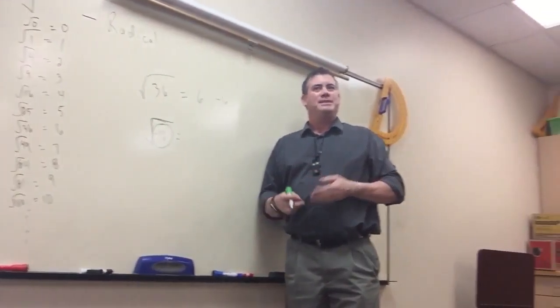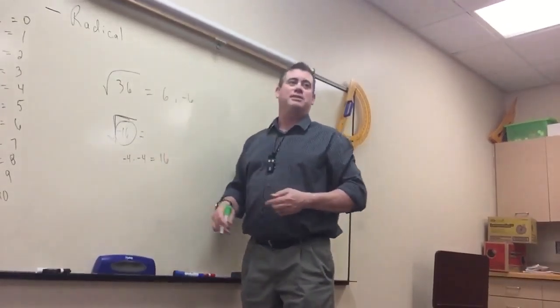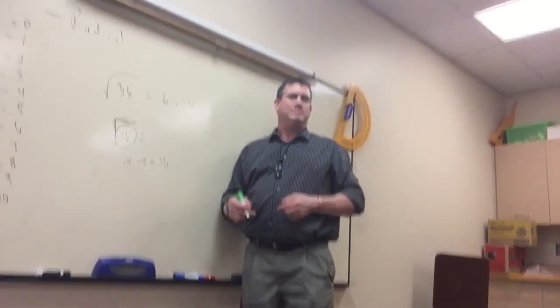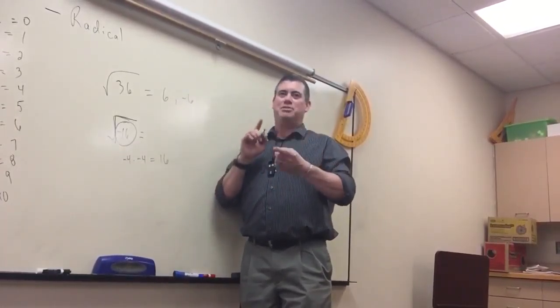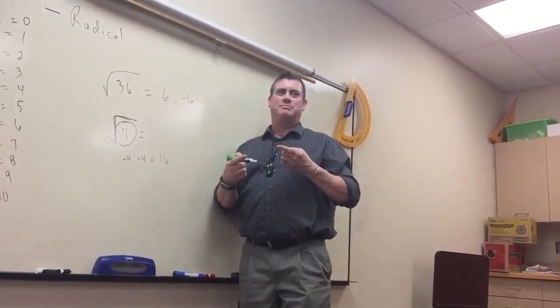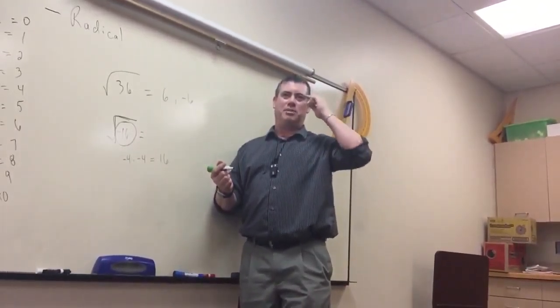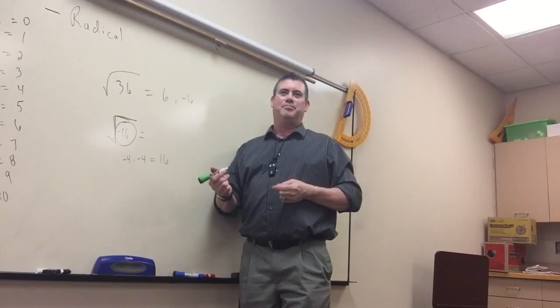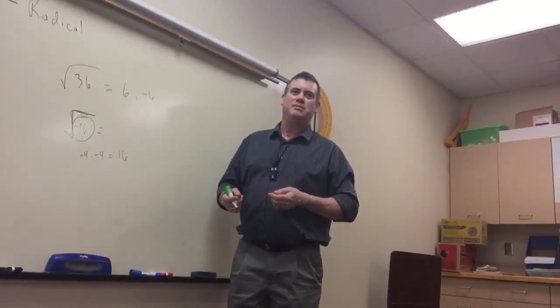So negative 4? Negative 4 times negative 4 is positive 16. So it says a plus and minus, but it's got to be the number times itself. It's not that hard, but it's kind of a mind twister. 16? No. Since you can't think of it, what's it got to be?